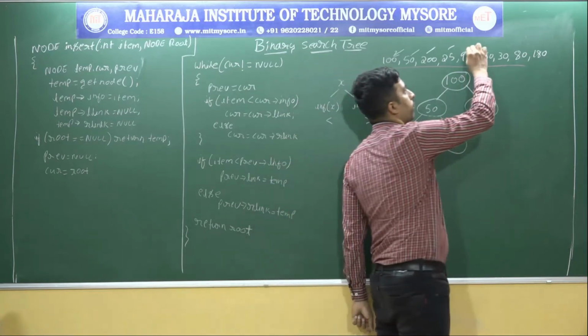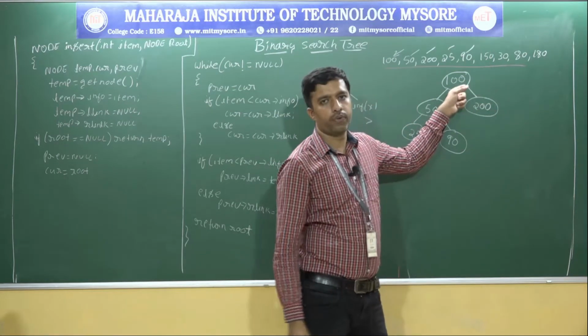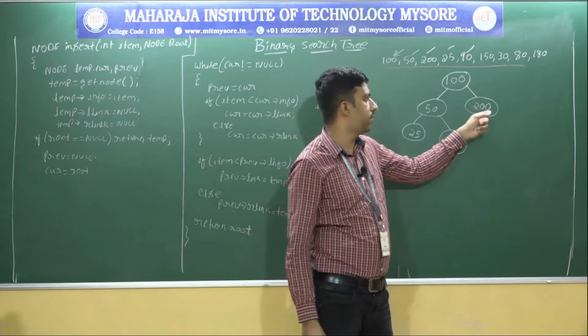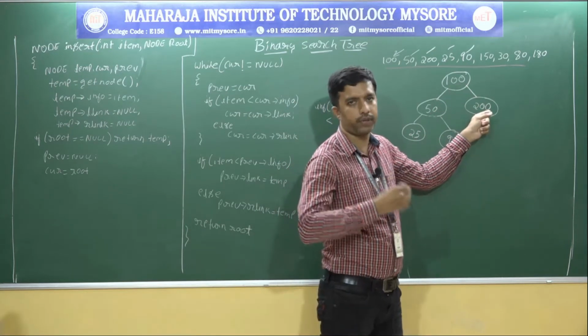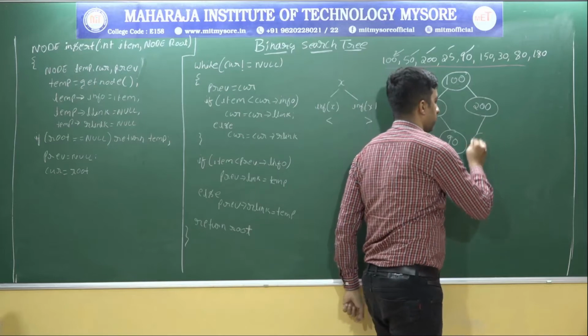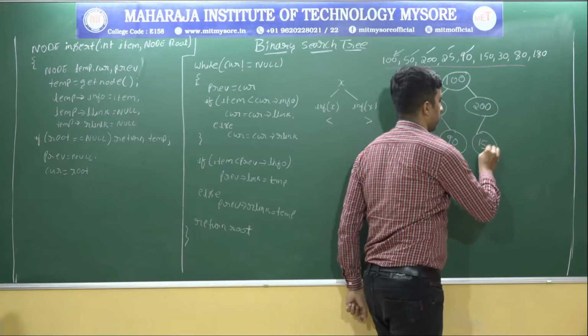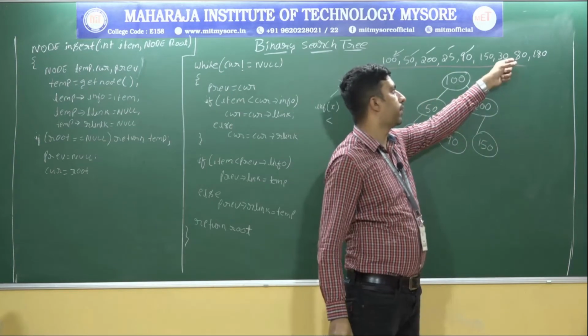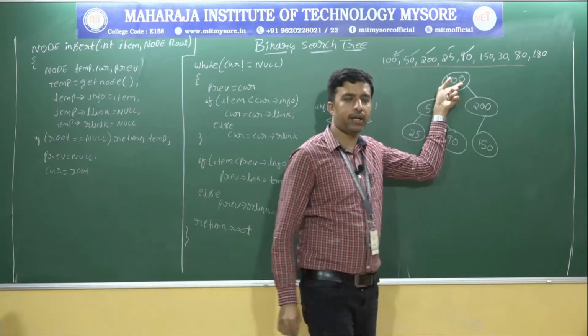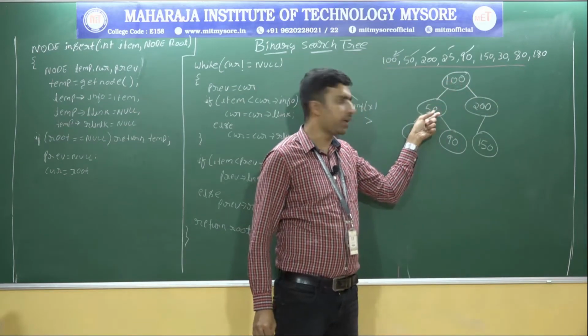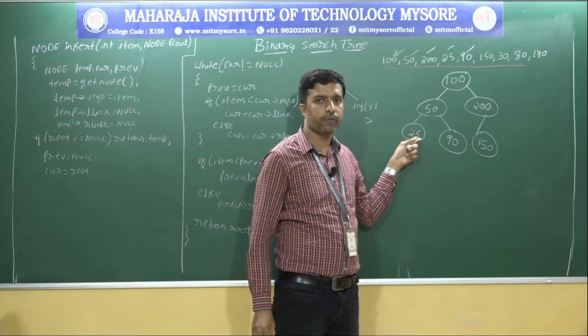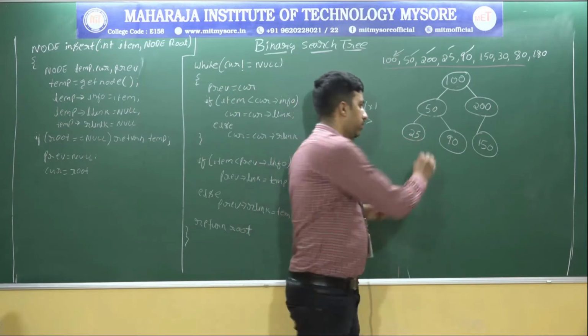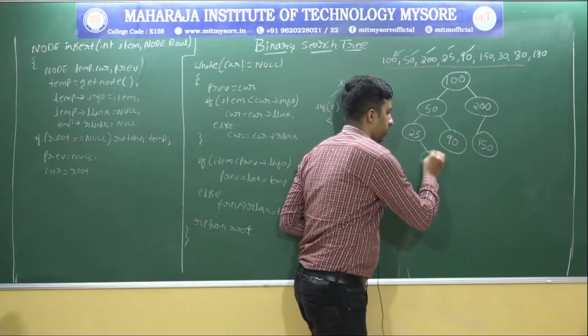Next is 150. 150 is greater than 100, yes, and less than 200, so left of it. Next 30: less than 100, yes, less than 50, yes, greater than 25, yes, so move towards the right.